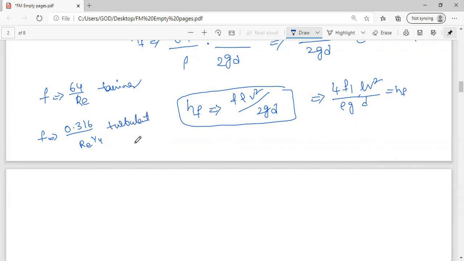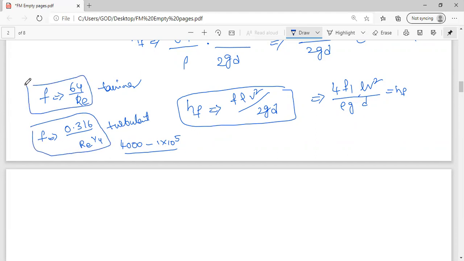Actually, not exactly turbulent flow. If your Reynolds number is between 4000 and 1 into 10 to the power of 5, that is typical Reynolds number, then we use this formula. With this, this particular topic I am closing.